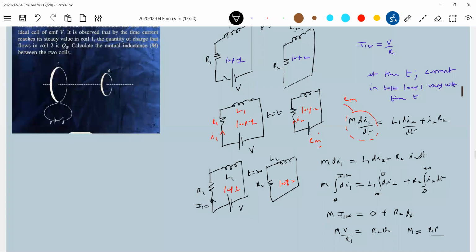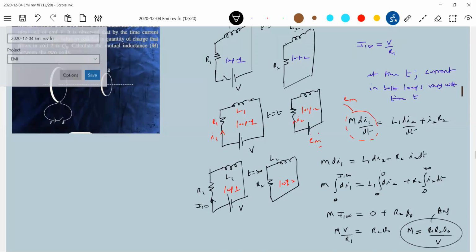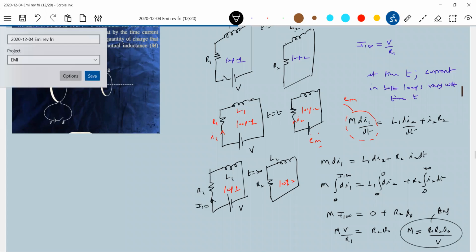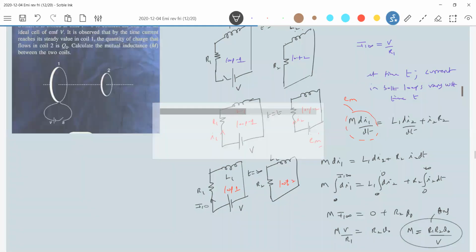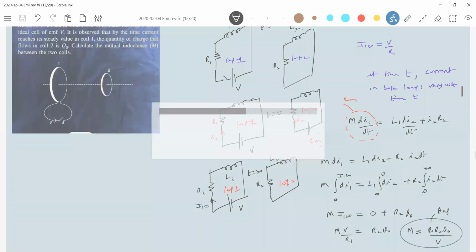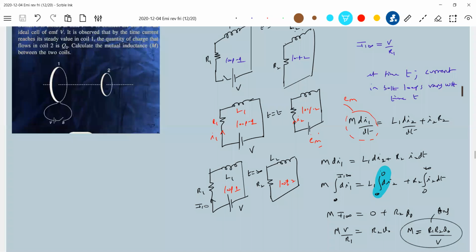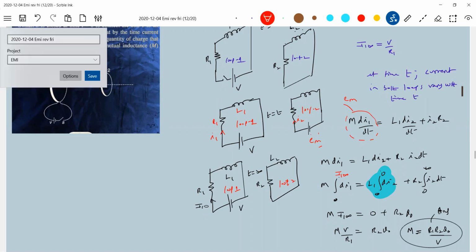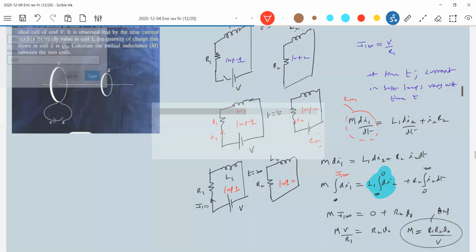M is equal to R1 R2 Q naught by V. A very nice question. The limits are very important. These limits are the main idea of the problem. We'll have one more problem similar to this on mutual inductance.